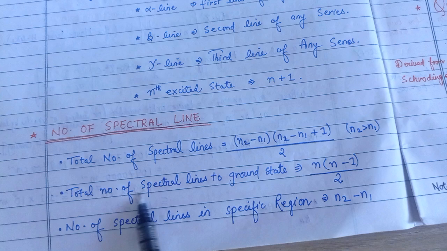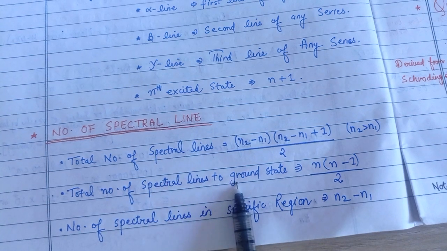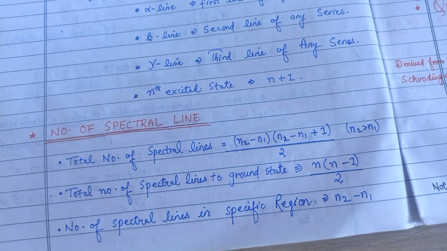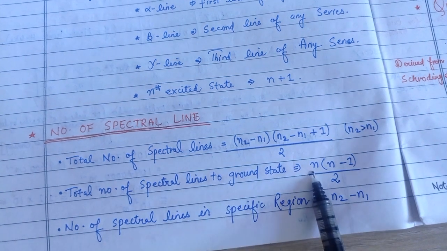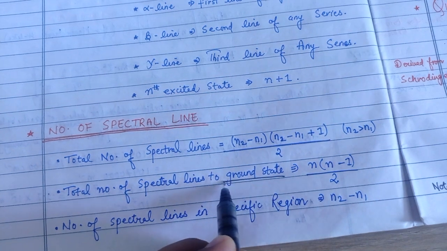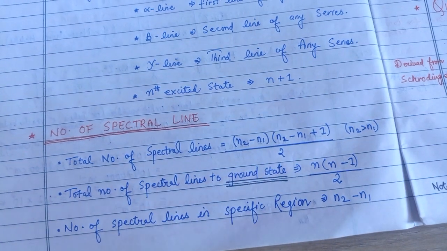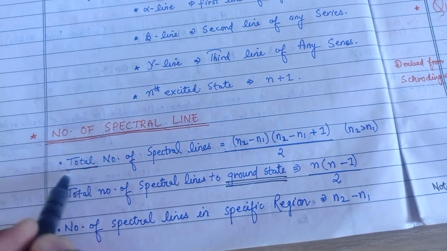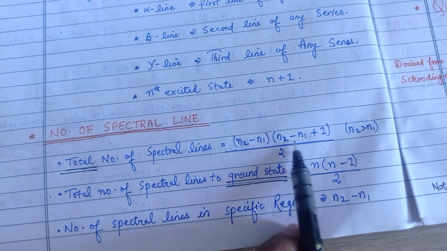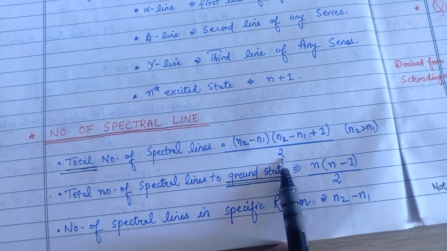Total number of spectral lines to the ground state: if the electron is coming to the ground energy level, then it will be n(n minus 1) by 2. You have to catch the language of the question. If they are saying total number of spectral lines, then (n2 minus n1)(n2 minus n1 plus 1) upon 2.